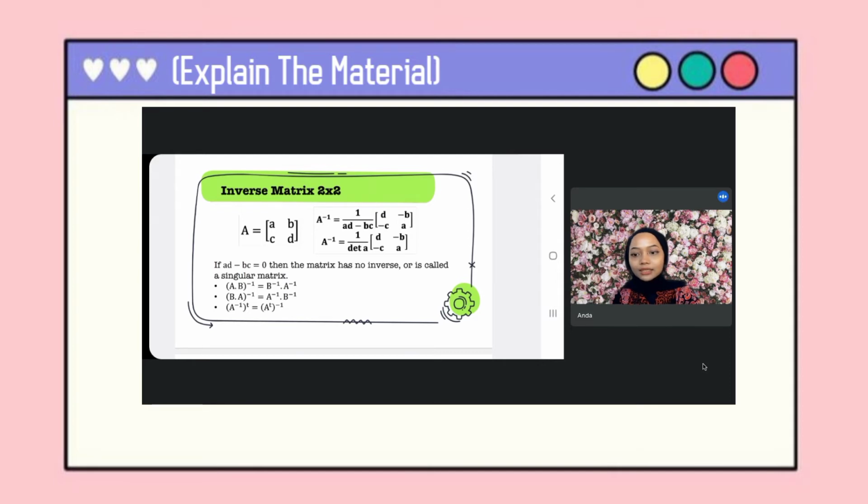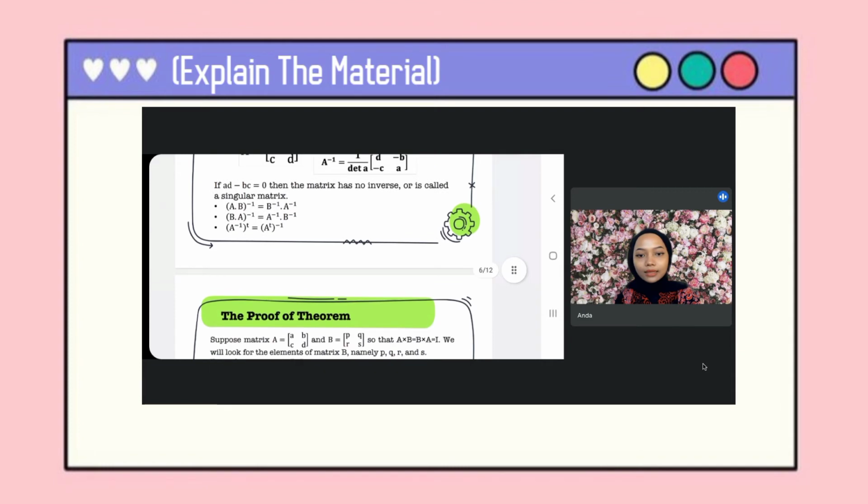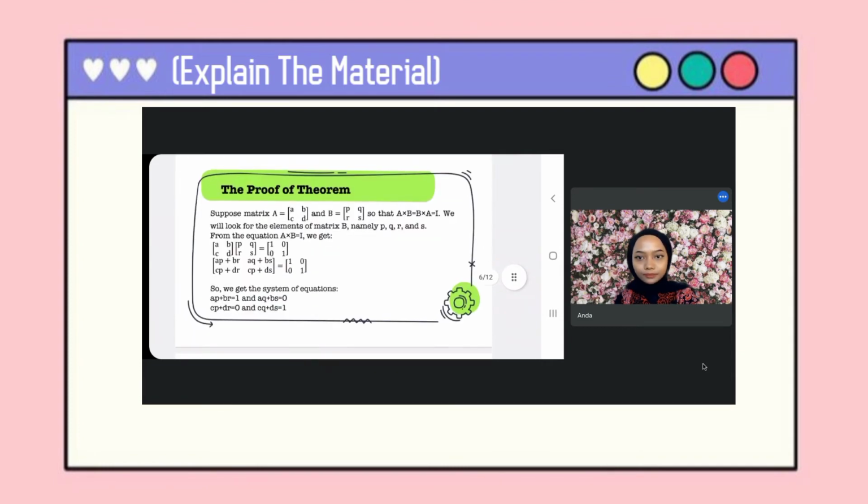Okay, there are the properties of a square matrix that has an inverse. You can study it individually. And then this is the proof of the theorem. Please study it individually, and in the next meeting, I will give you a short test about this proof of the theorem.